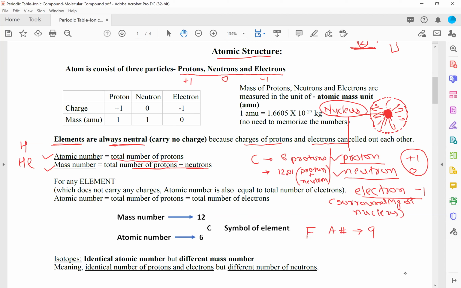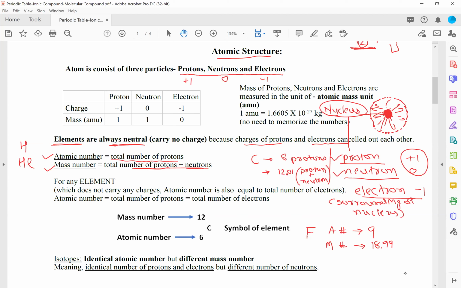If I ask you what the mass number for fluorine is, what will you say? 18.998. That's what fluorine says in the table you gave us.